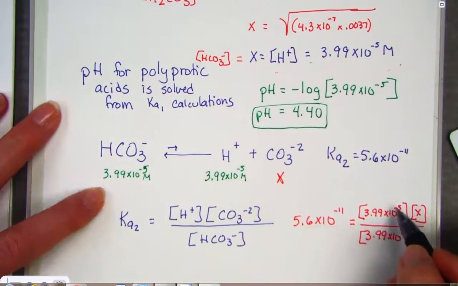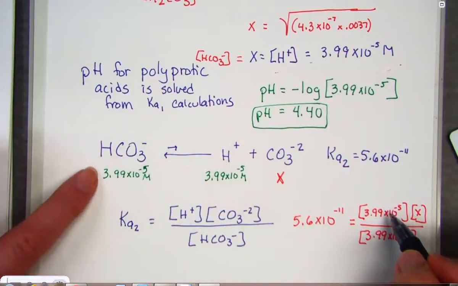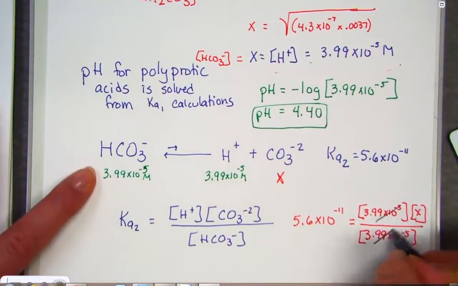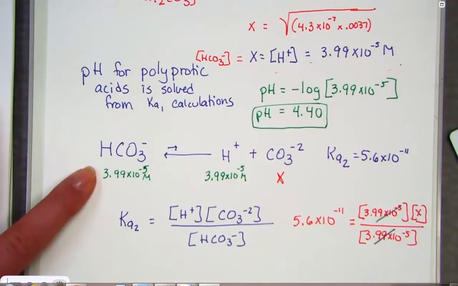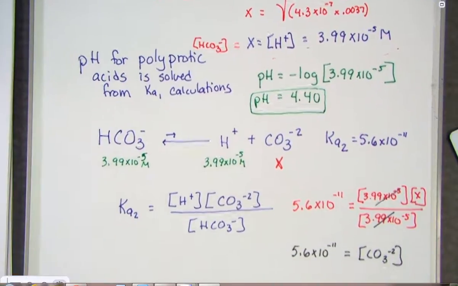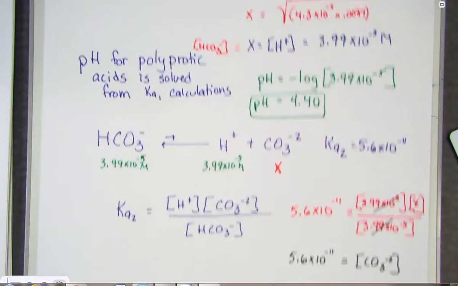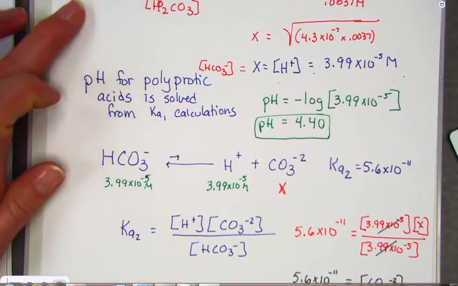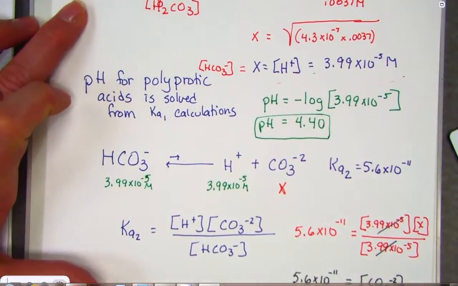Ka2 set equal to the concentration of product over reactant. These two simply cancel though. They simplify to where now the value of Ka2 is indeed equal to the molar concentration of X, which we let stand for carbonate. Here's what we've discovered. pH of a polyprotic acid is always found by just simply using the Ka1.